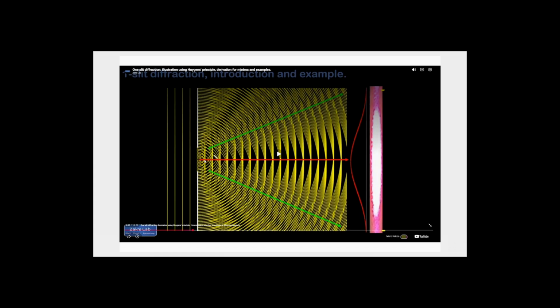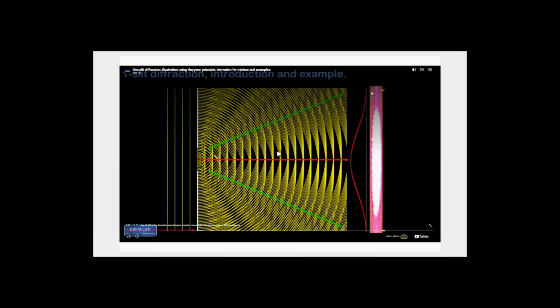What I wanted to show here is not the exact form of these patterns, but the fact that when you have constructive interference, you'll get a bright spot. That in essence, the waves are reinforcing each other and creating a bright spot on the wall. And then where you get destructive interference, where the waves decrease each other's value, you get the dark spots on the wall. That's what this example is supposed to show.